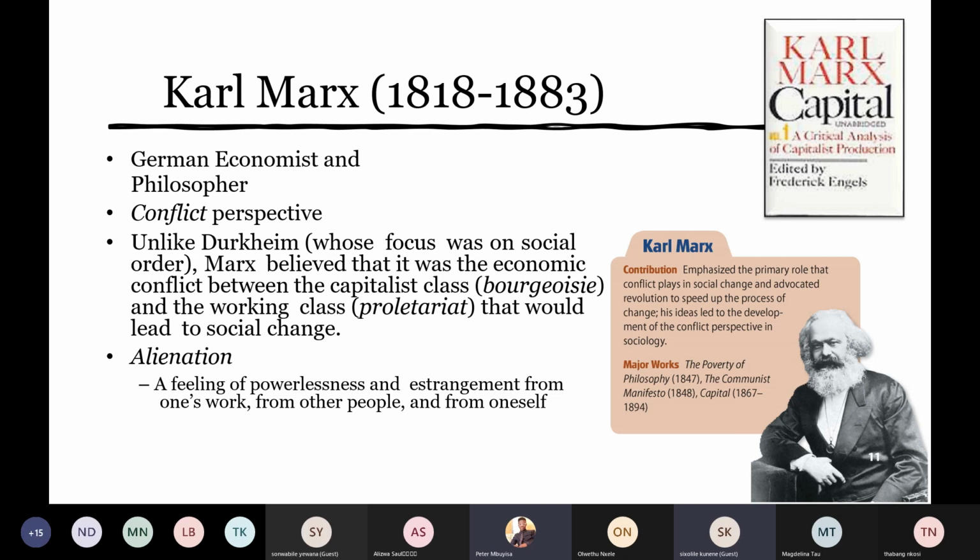And unlike Durkheim, whose focus was on social order, remember Durkheim came up with structural functionalism, Karl Marx looked at the role of economic conflict between the capitalist class, which are known as the bourgeoisie, and the working class, which are known as the proletariat.